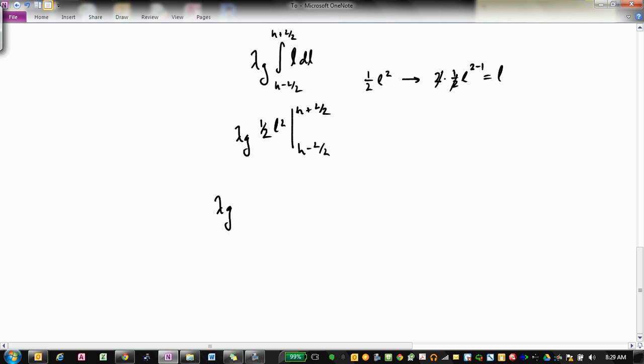So that's going to look like this. Again, lambda g is just a constant, so I can drag that out in the front. The half is a constant, I can put that out here. And then I have this final minus initial, so h plus L over 2 quantity squared minus h minus L over 2 quantity squared. Now I have to do all this algebra.